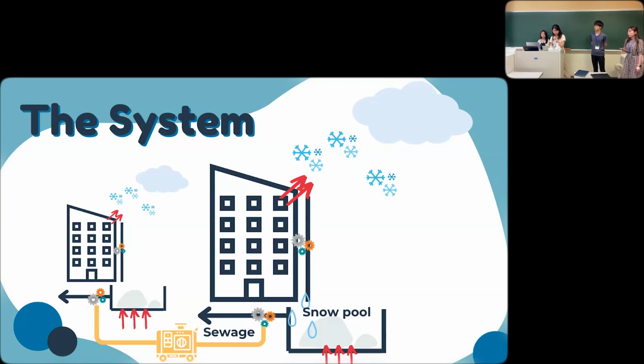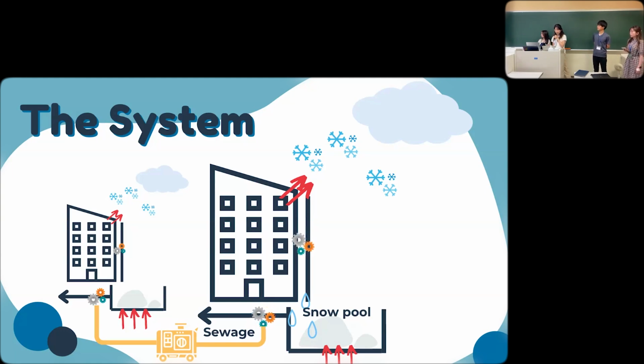The electricity generated here is also used within the building, and any surplus electricity can be stocked here, the yellow one. And so can be sold to the power company in the end.